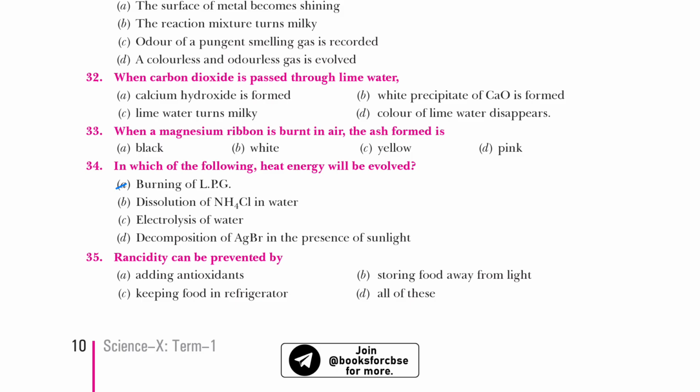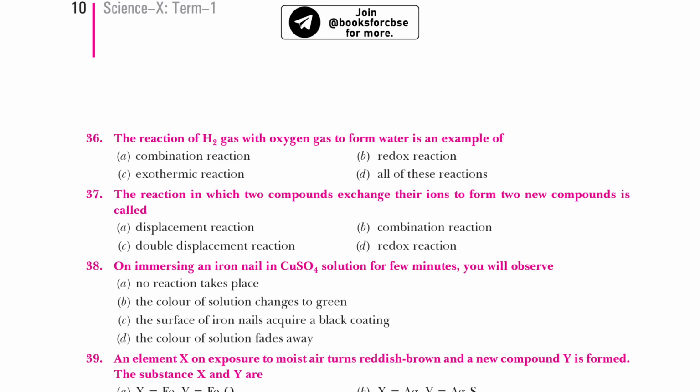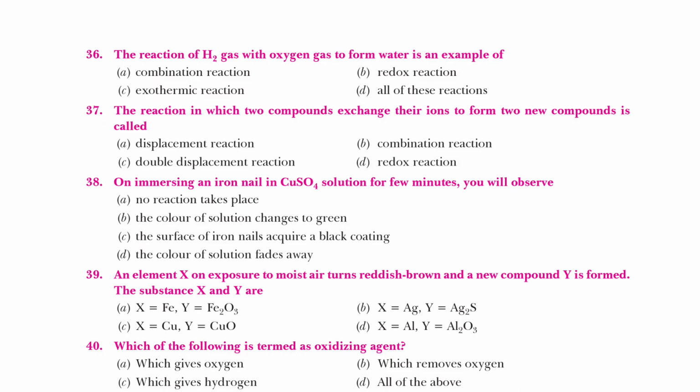Next, acidity can be prevented by using all these. Next one, the reaction of hydrogen gas with oxygen gas to form water is an example of combination reaction, redox reaction, and exothermic reaction. All of the above are correct. So option D1 is correct.